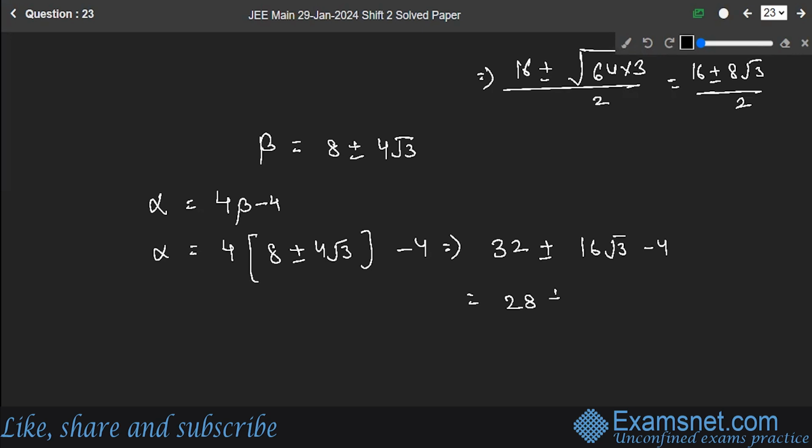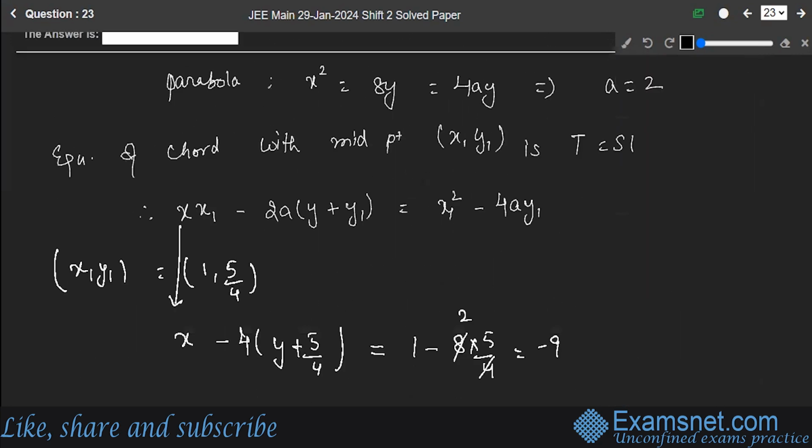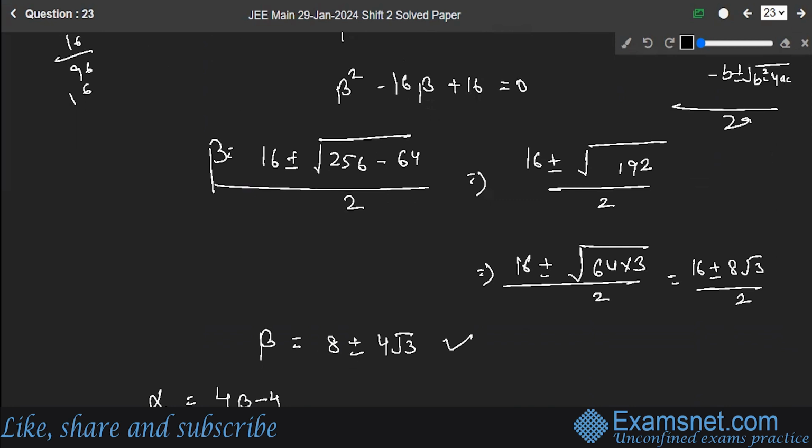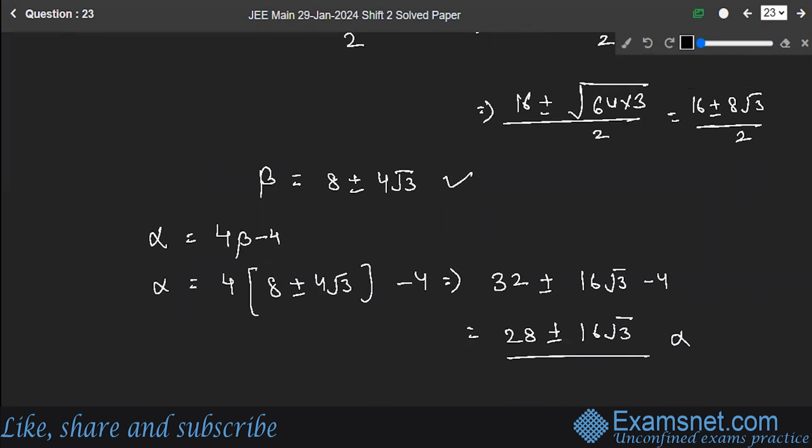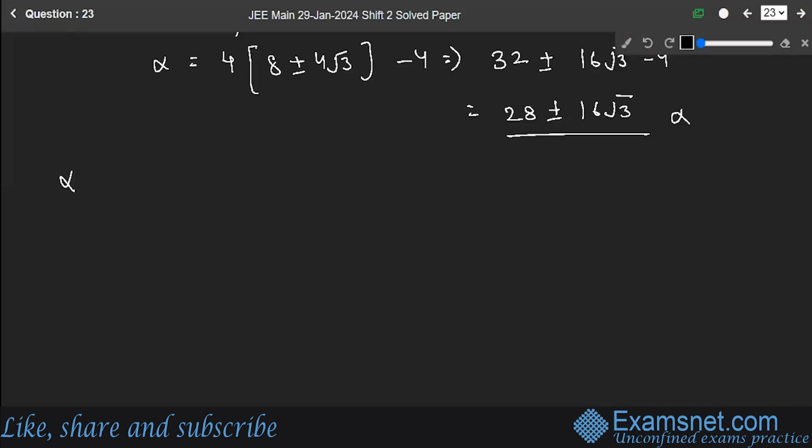You have 28 plus minus 16 root 3. This is the value for alpha, and this was your beta. I got both alpha and beta. I'll be taking alpha's value as positive 28 plus 16 root 3, and the beta's value also positive.